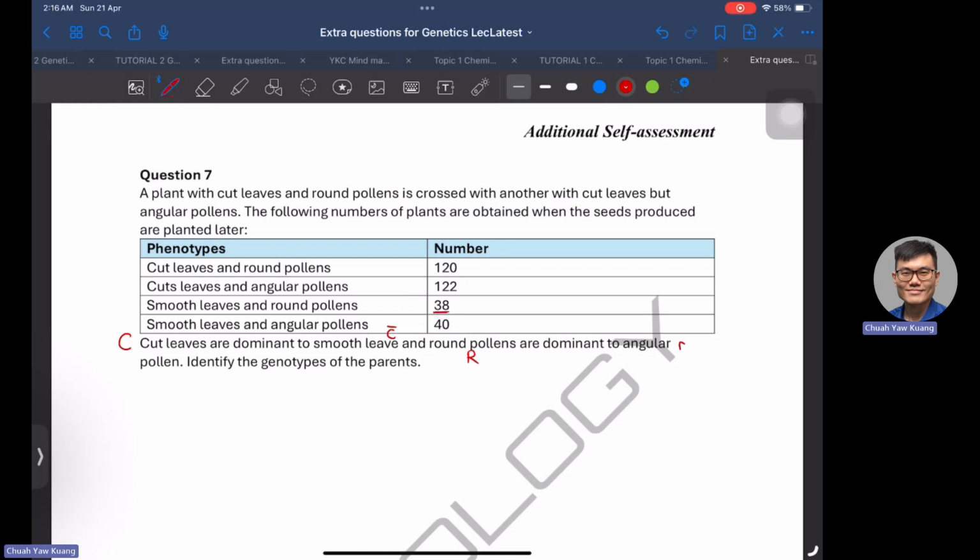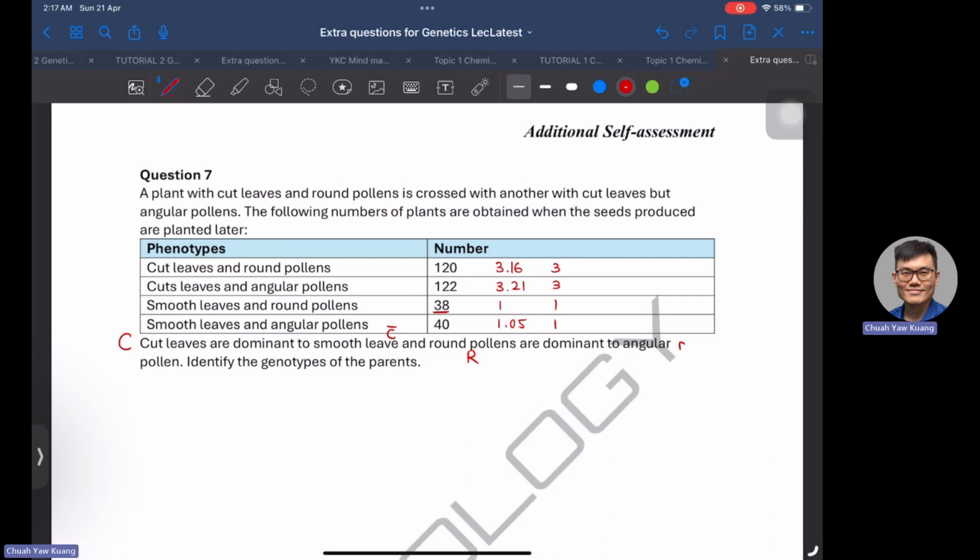So 120 divided by 38 is around 3.16. The second one divided by 38 is 3.21. This one is 1, then 40 divided by 38 is 1.05. So the ratio is roughly 3 to 3 to 1 to 1.